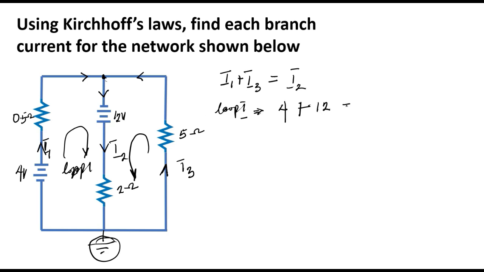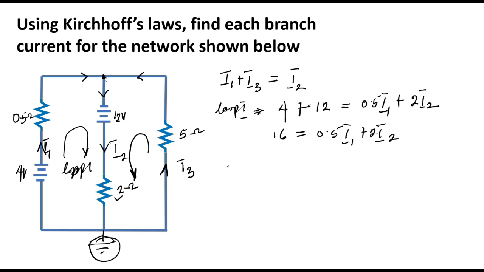It will equal the algebraic sum of the voltage drop across the individual resistances. Across the first 0.5 ohm resistance, the voltage drop will be 0.5 times I1, plus the voltage drop across the 2 ohm resistance, that is 2 times I2. So that invariably, I'm saying that 4 plus 12, that's 16, is equal to 0.5 I1 plus 2 I2.